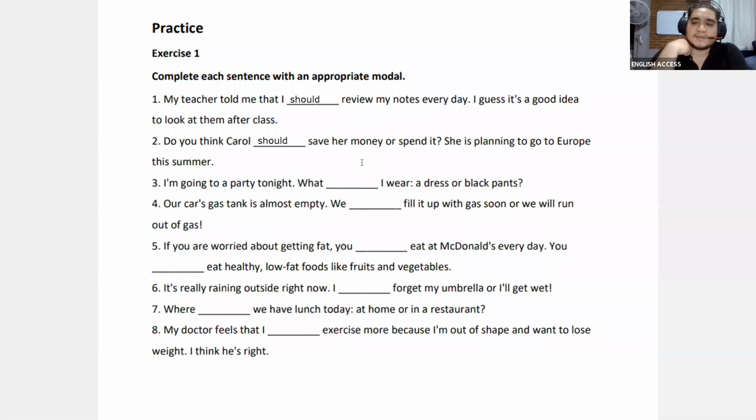It's better because no matter what you think, she's going to Europe this summer, so she ought to save some more money so she can spend it over there, or so she doesn't run out of money while being away from home, perhaps. So ought to in this case is better than should, but should is also valid.